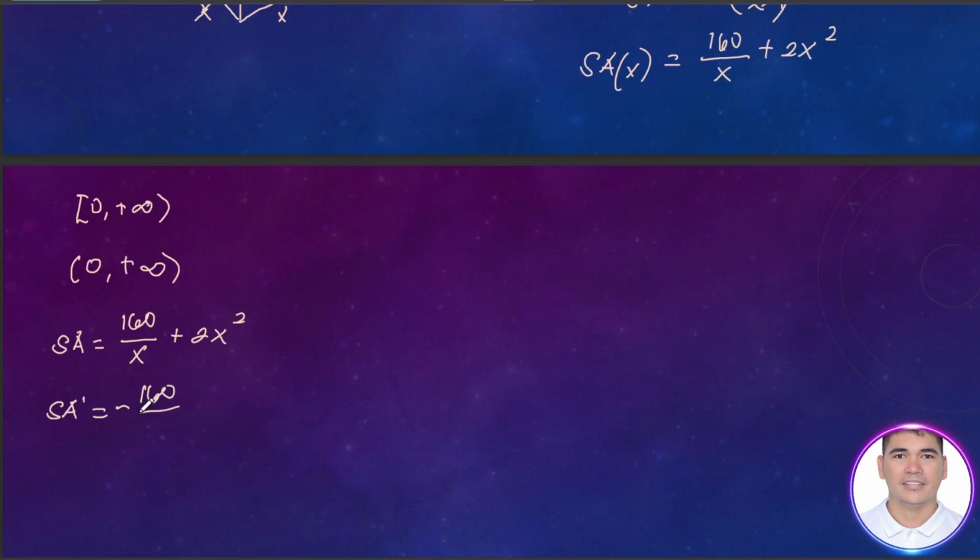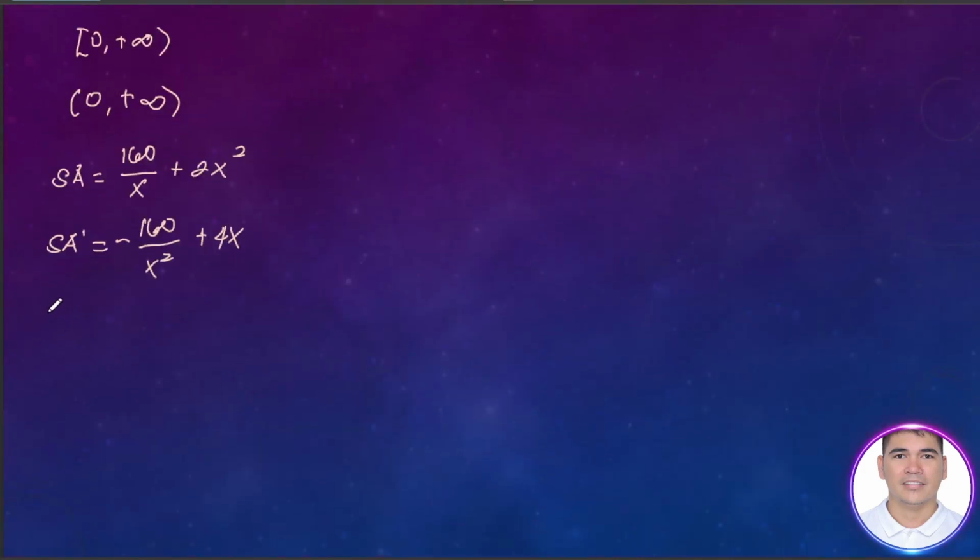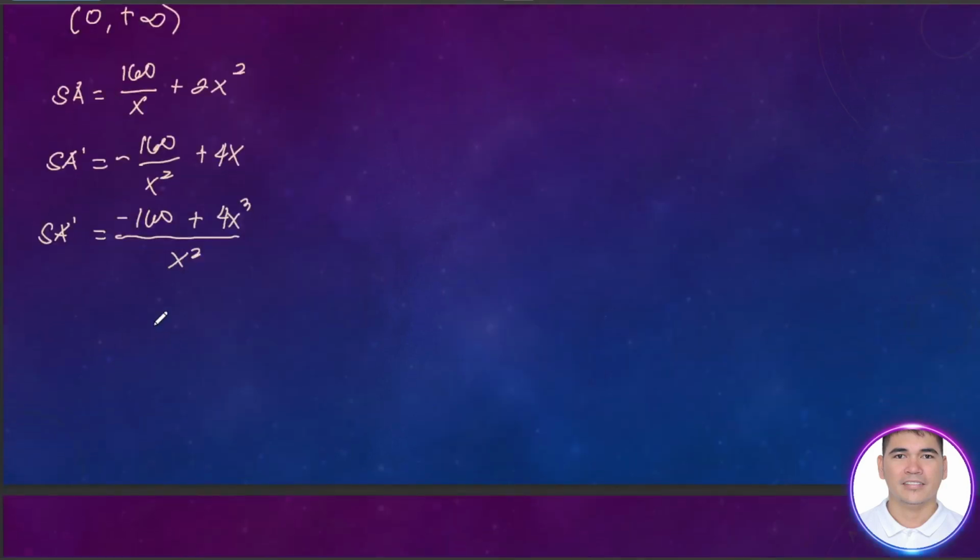So we got negative 160 over x squared. We just use the given derivative law. And then for 2x squared, we have 4x. Next, get the LCD, which is x squared. So we have negative 160 plus 4x cubed, and then we need to equate this to 0.